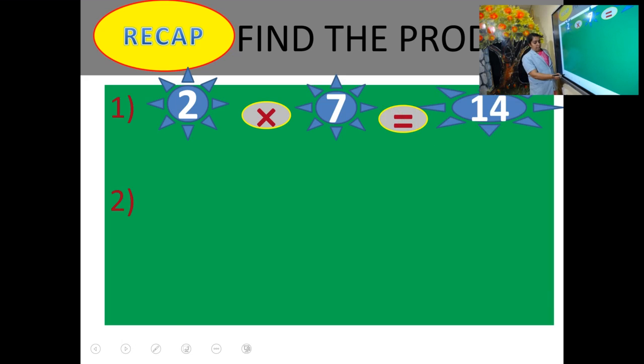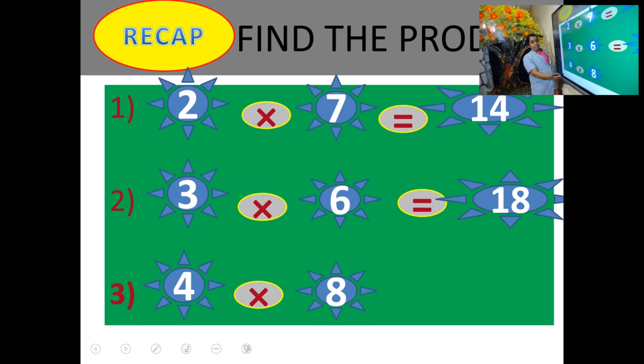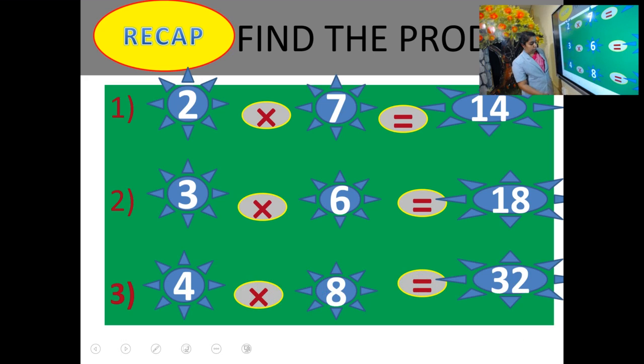Second one: 3 6s are, say the answer speedily. Yes, 18. Then 4 8s are, say speedily, what is the answer? Yes, 32.